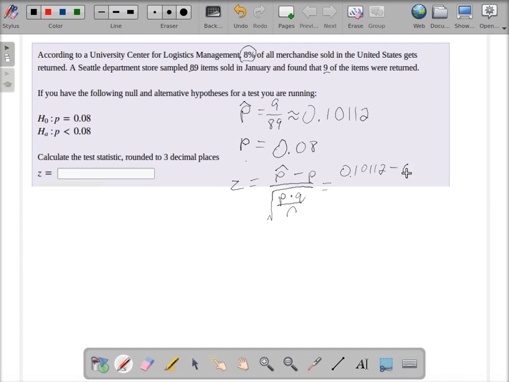We're going to subtract 0.08. The next question to answer then is, what is our q? So again, p is 0.08, but q in this case is always 1 minus p, so we'll have 0.92. Our n in this case is 89, of course, so our sample size.